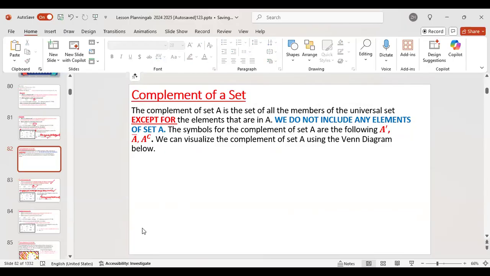Let me put the rectangle here. One second.